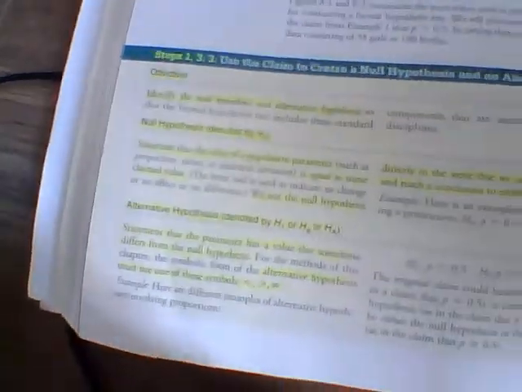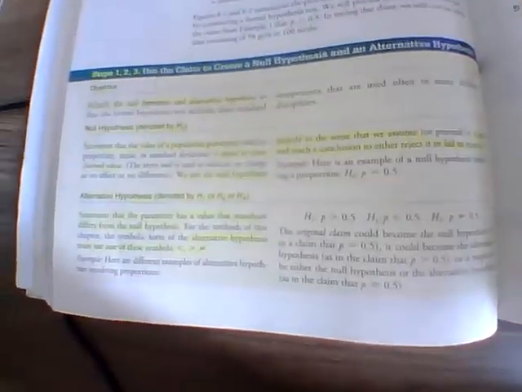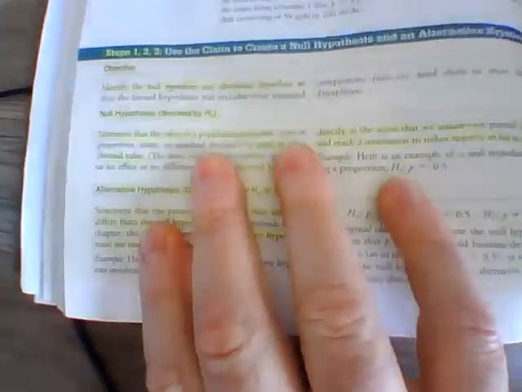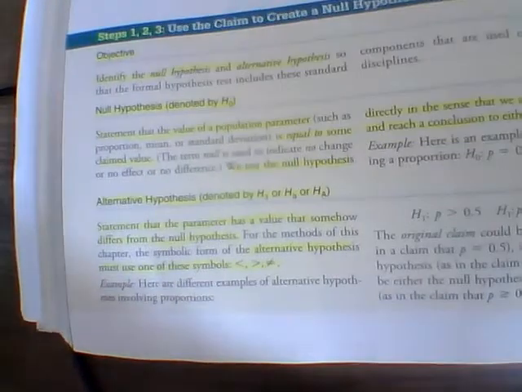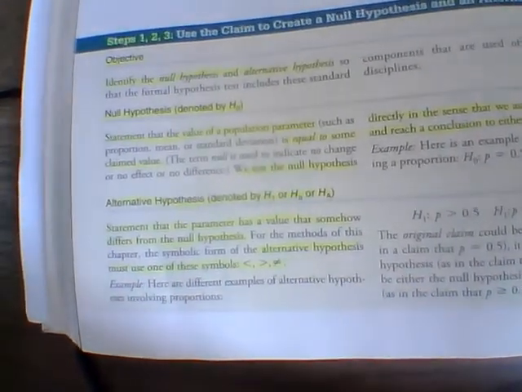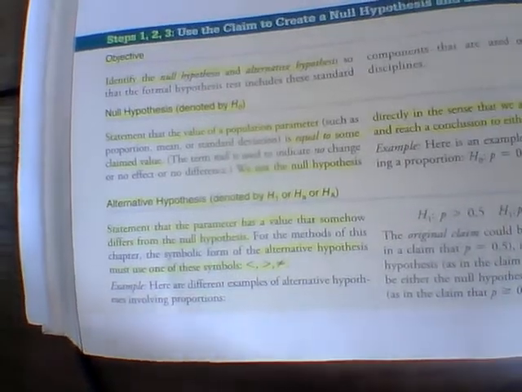Okay, so looking at the steps going forward for hypothesis testing. Here we have steps 1, 2, and 3. Okay, we are going to identify the null and alternative hypothesis.